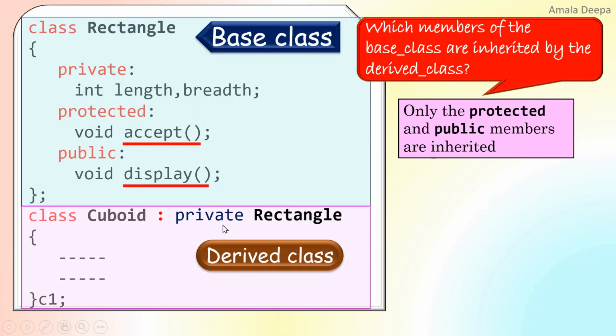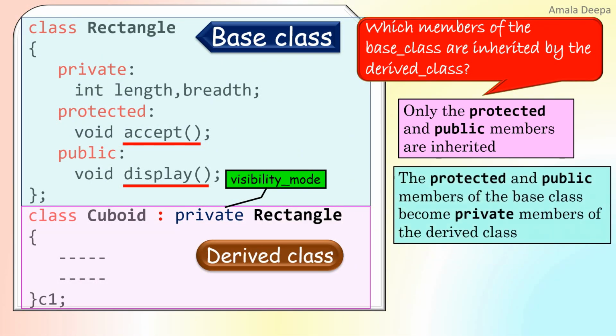Here in the derived class, the type of derivation is private. That is, the visibility mode is private. The protected and public members of the base class become private members of the derived class. So these two member functions, accept and display, which are inherited by the derived class, become private members of the derived class.